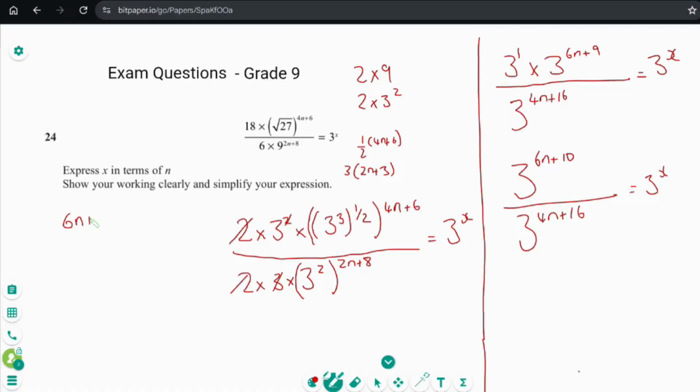So we need to do 6n plus 10 minus 4n plus 16. 6n take away 4n is 2n. 10 take away 16 is minus 6. So 3 to the power 2n minus 6 is equal to 3 to the power x. X is equal to 2n minus 6. So I've expressed x in terms of n there.